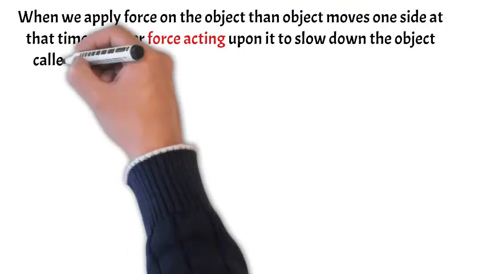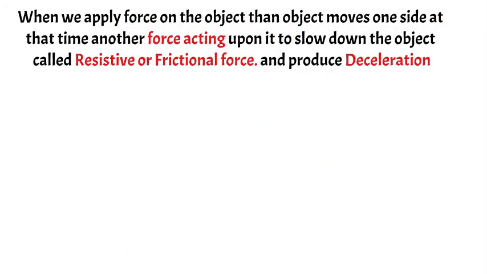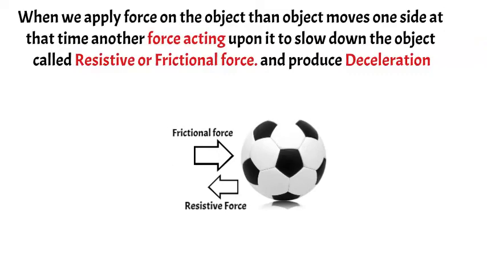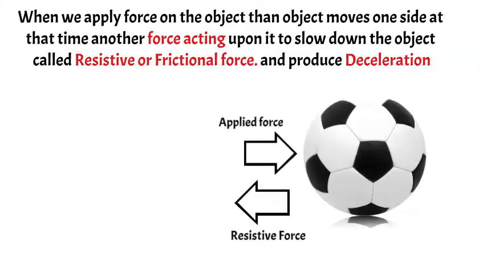Also, we see if an object is moving from one side to another, we apply a force. At the same time, another force acts on the object to stop or slow it down. This force we call resistive or frictional force.